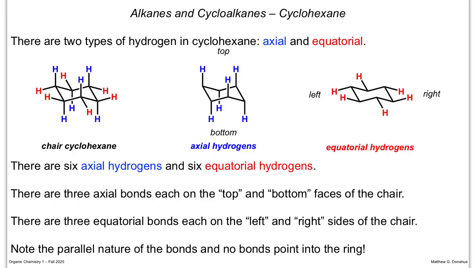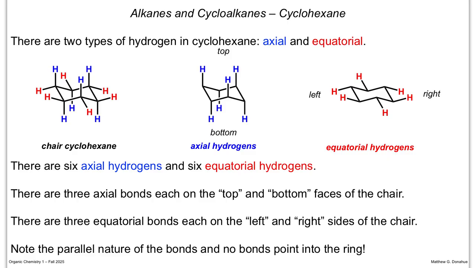Then the yellow ones here, the red ones up there, those are the equatorial ones. So notice that they're kind of along the equator. And when I talk about these, I'm going to slice the molecule in half with where my arm is holding it. So I have 3 equatorial to the right, and then 3 to the left.